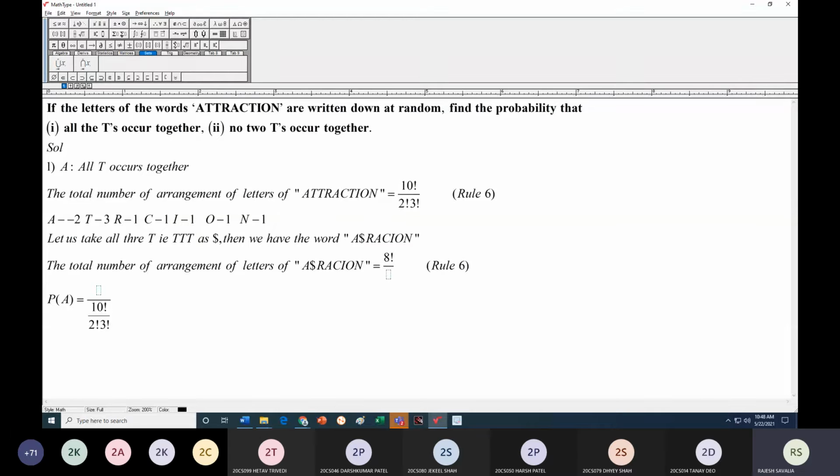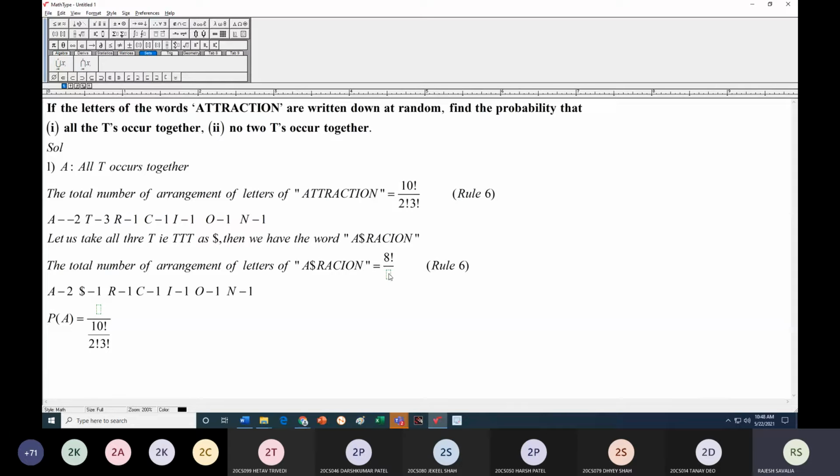Now let us take the denominator. For the denominator, we take A. A occurs 2 times. Dollar occurs 1 time. R occurs 1 time, C occurs 1 time, I occurs 1 time, O occurs 1 time, N occurs 1 time.